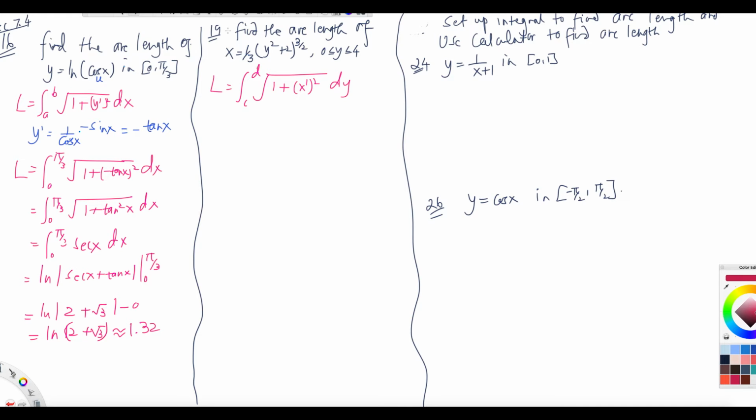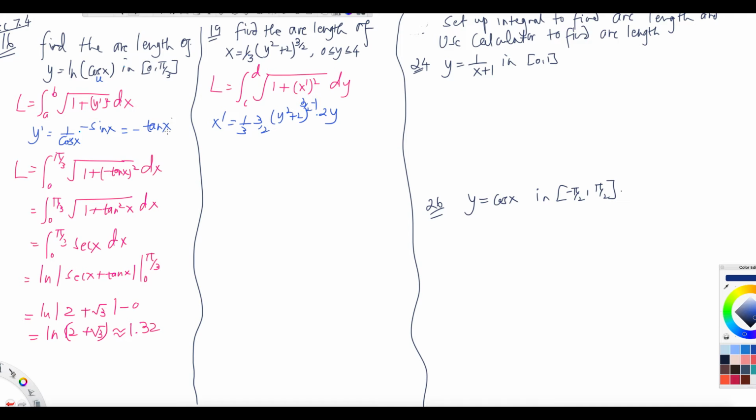What is x prime? So x prime is equal to 1/3 times, it is like u to the n, right? What is the formula for the derivative of u to the n? It is n times u to the n minus 1 times u prime, that will be 2y, because we are finding x prime, which is dx over dy.